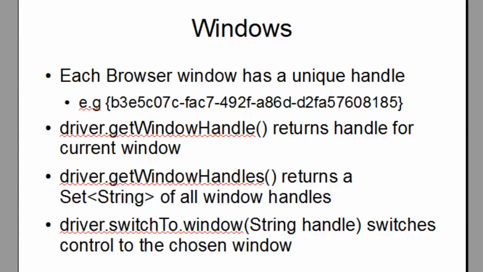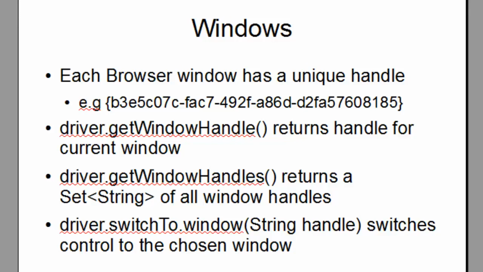And having looked at frames, it's now time to turn our attention to windows, which have a superficially similar API to start with. So a window has a unique handle. Every single window that WebDriver is managing has a unique GUID when we're dealing with it. And the way that we get those handles is at the driver level.